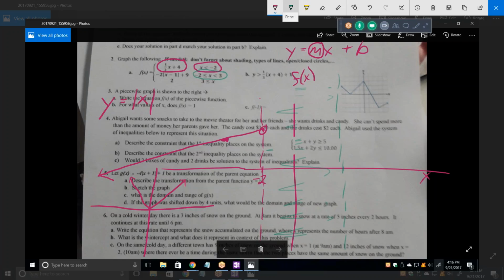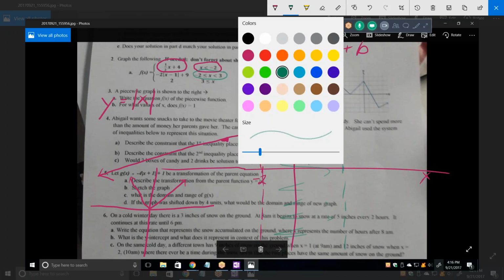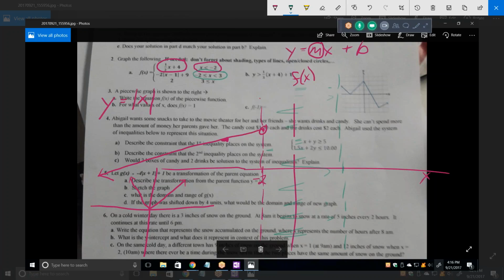So in a different color with each step, first one I'm going to look at is that negative sign. What does that mean? What kind of a reflection or transformation is that? So it flips upside down over the x-axis. Right, which I call a vertical reflection. Okay.